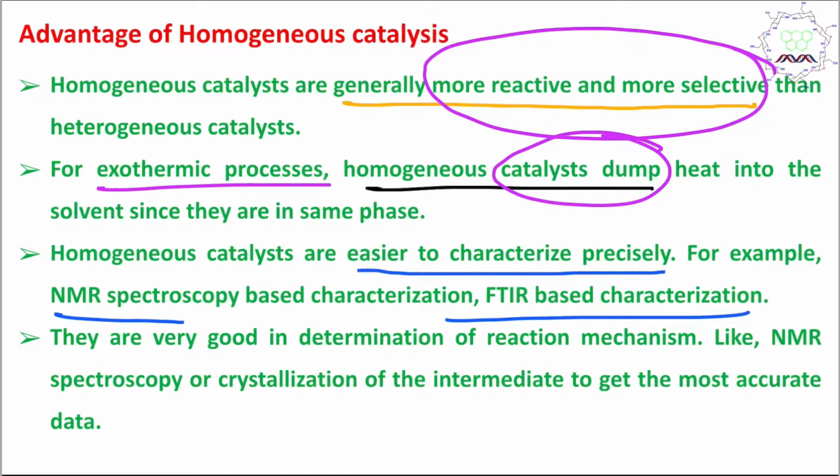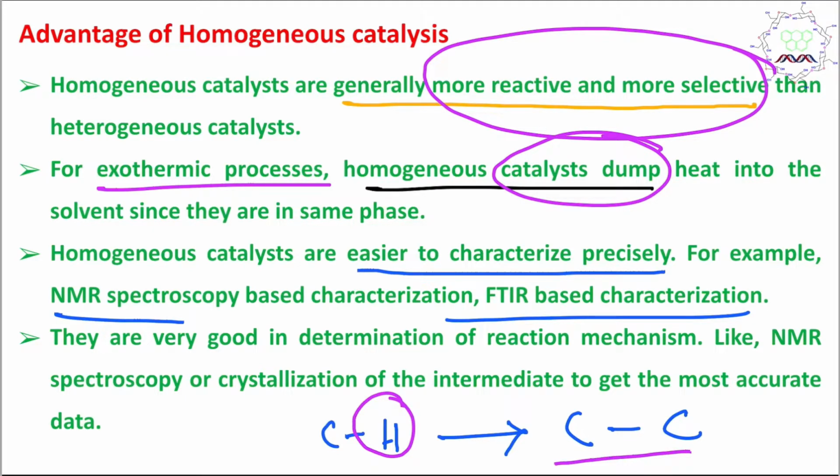For example, you are doing a reaction where a C-H is converted into a C-C bond. The C-H has a particular position in NMR spectroscopy, but when it is converted into C-C, it's gone. The number of protons is the area under the curve, the integration in NMR. Slowly you will see the area under this proton getting smaller and smaller, and in this way you can study the kinetics.